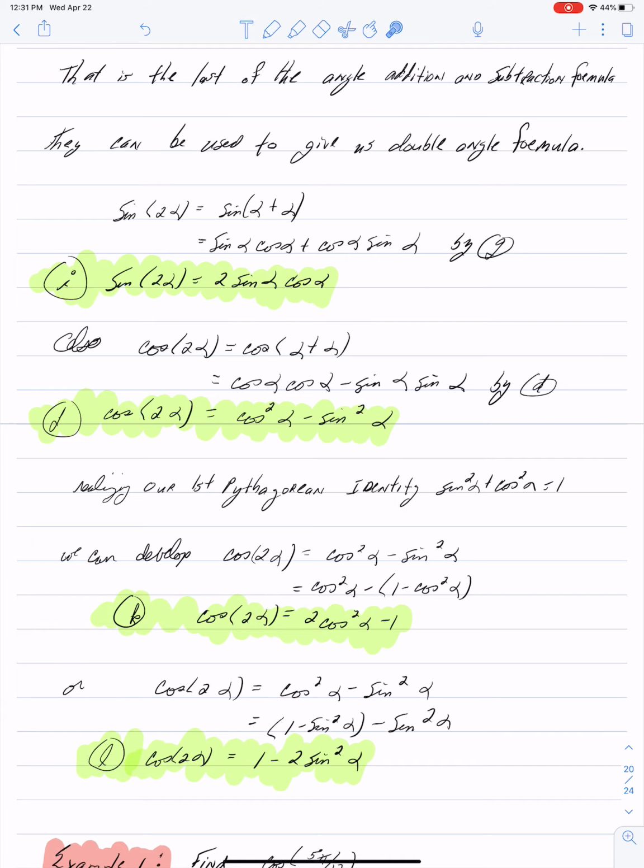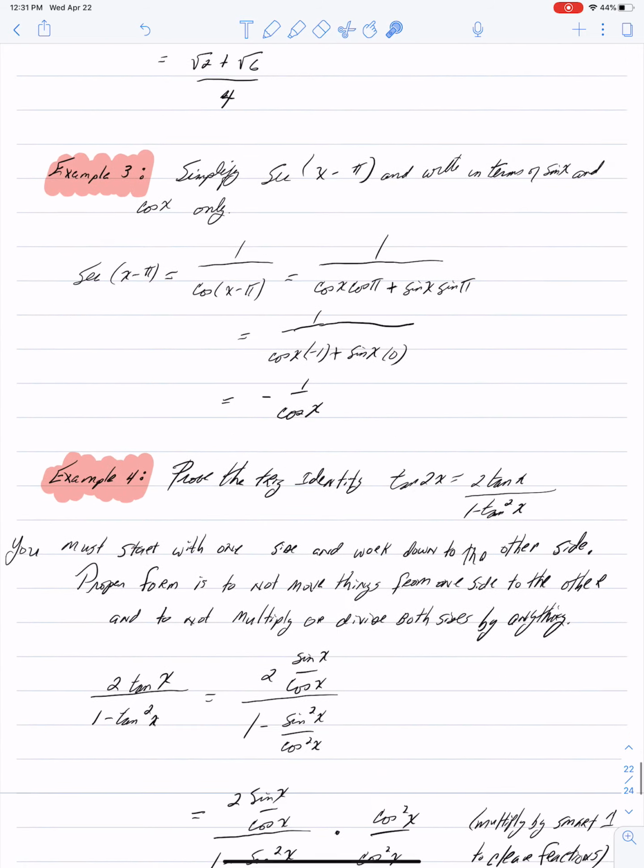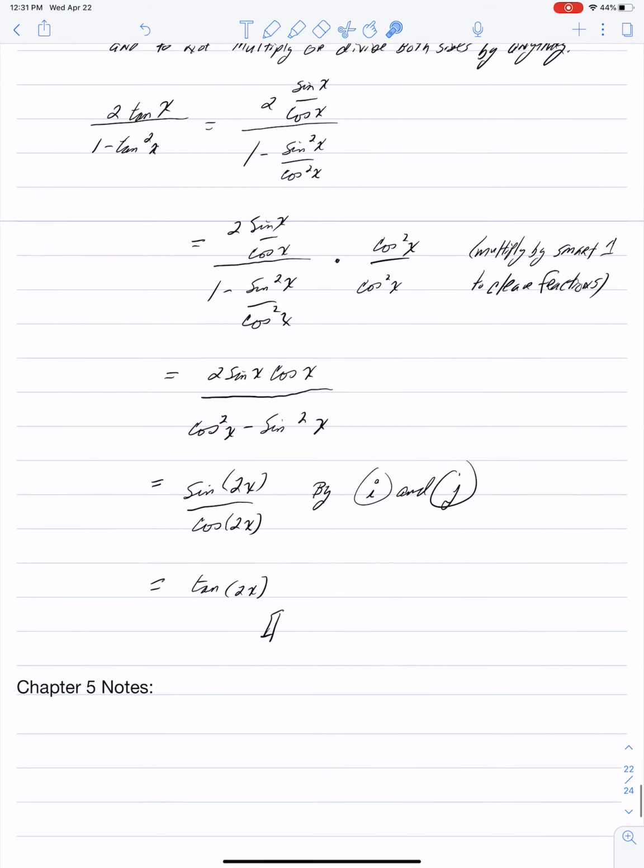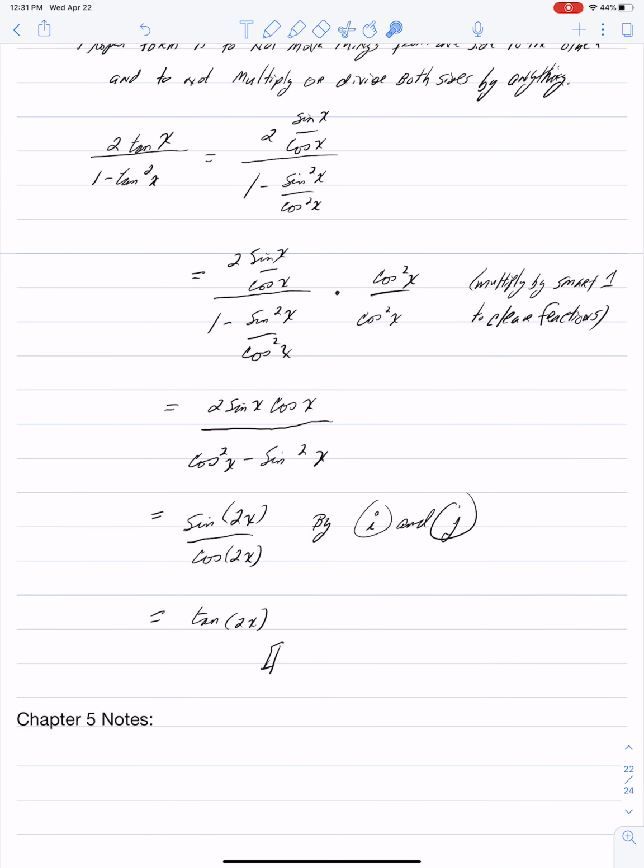Those are circles I and J. Go back down here. By I, 2 sine x cosine x is sine of 2x. And by J, cosine squared x minus sine squared x is cosine of 2x.